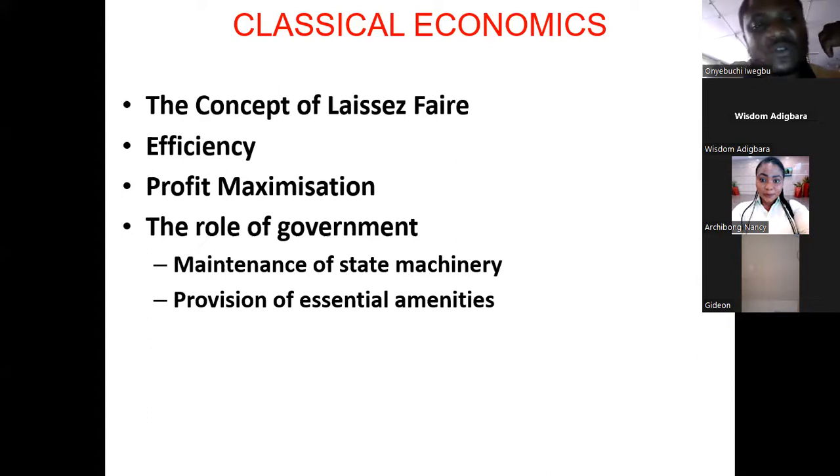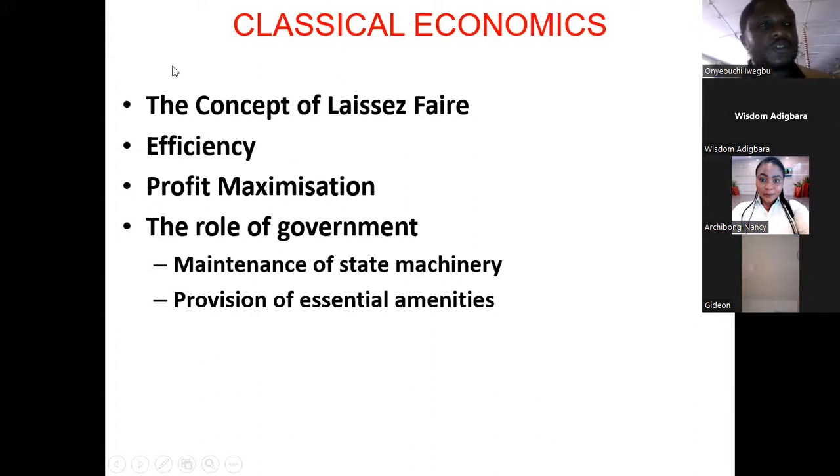And so the classical school of thought is of the opinion that the government does not have a role in production, in business, or in whatever you think about in provision of goods and services. So that is the concept of laissez-faire.